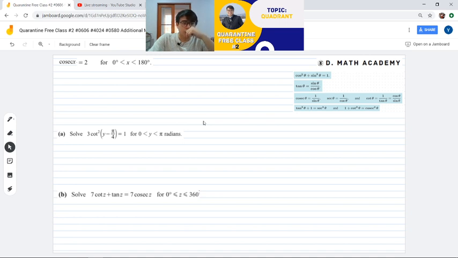Like I mentioned, the question that we have here is cosec x equals to 2, for 0 degree to 180 degree. Do take note that it is only less than, not less than or equal to. So if your answer has 0 or 180, those two will not be included.